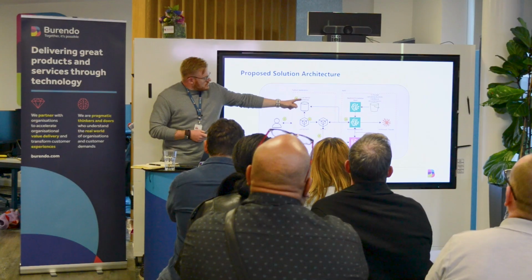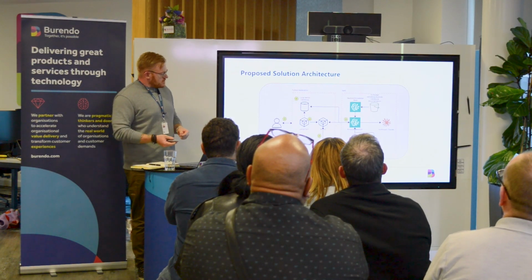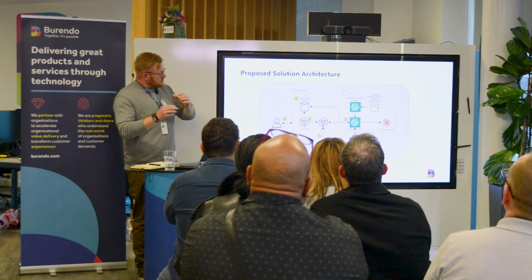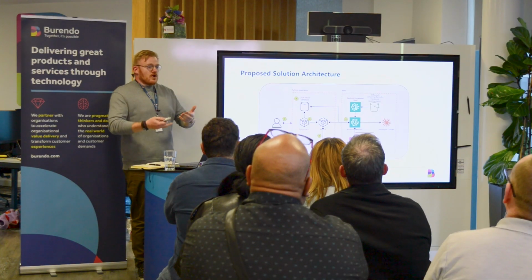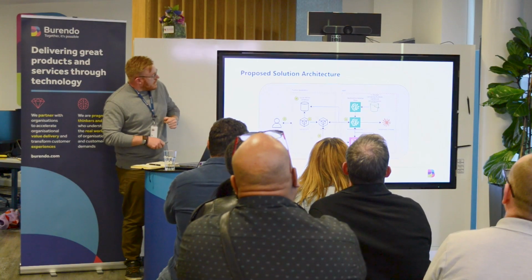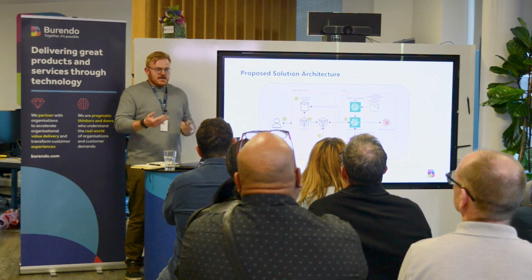And then we're going to use Bedrock Knowledge Base, which makes use of OpenSearch Serverless, which essentially contains all of the vectorized Burendo handbook. So that's that handbook there. And all of that is going to come together to give us some form of AI capability.